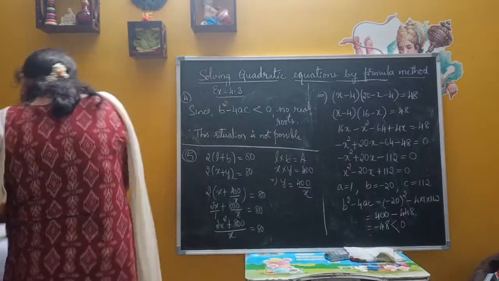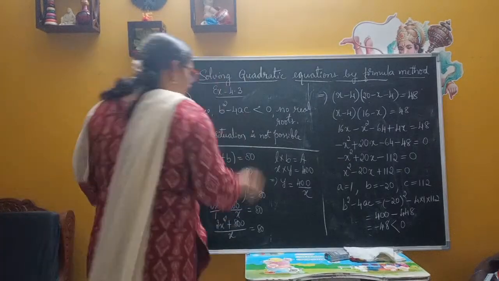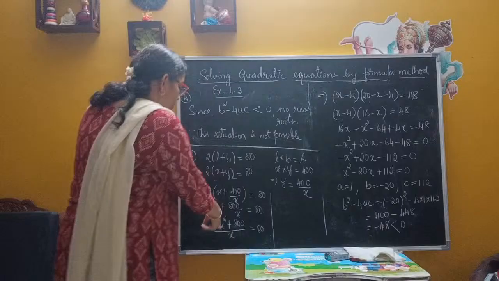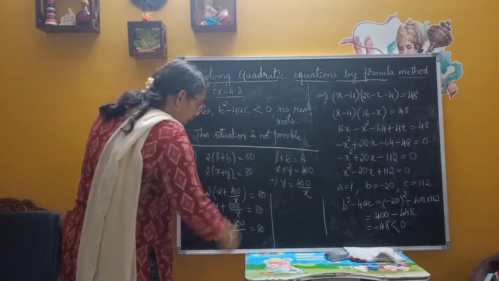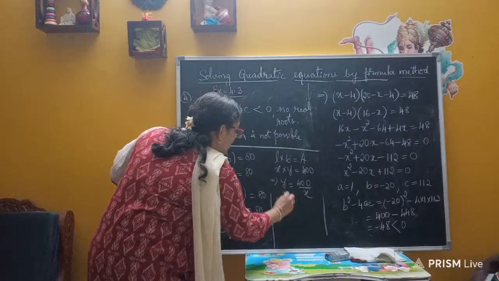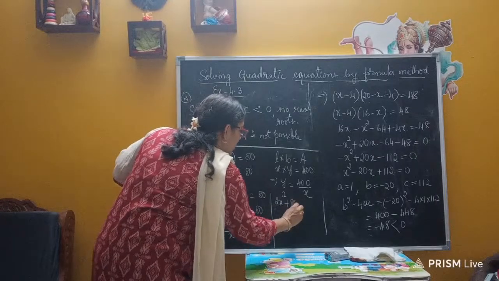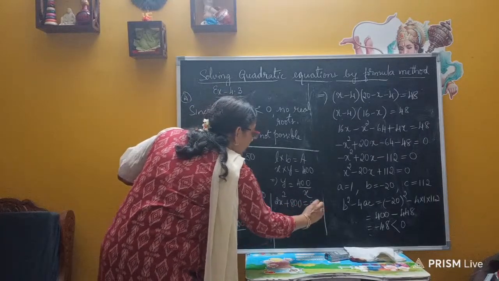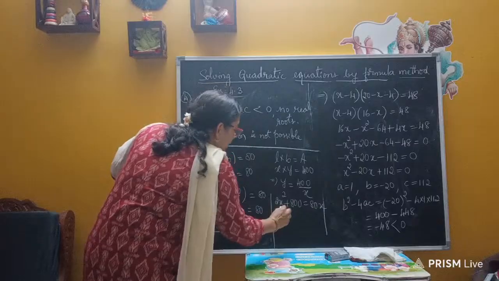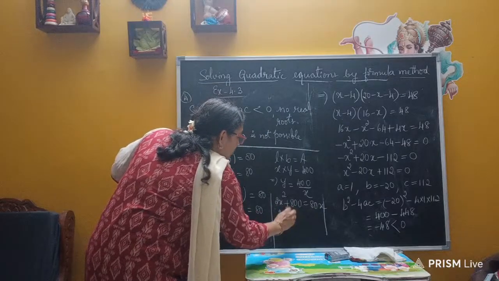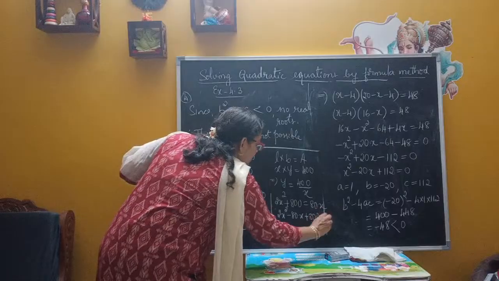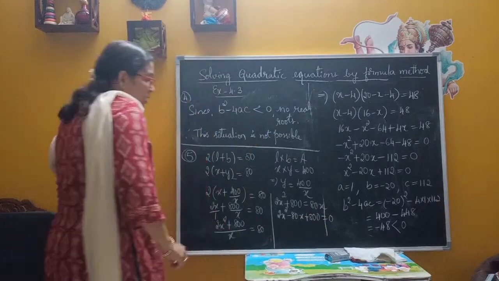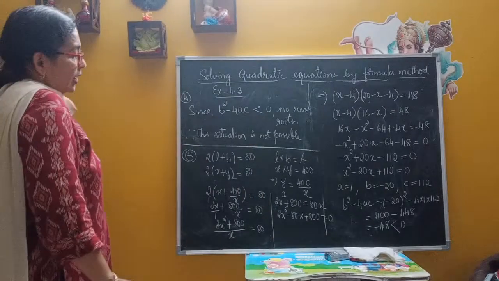Now let us simplify. You will get 2x square plus 800, x goes to RHS and it becomes 80x. 2x square plus 800 is equal to 80x, and 2x square minus 80x plus 800 is equal to 0 is the quadratic equation.